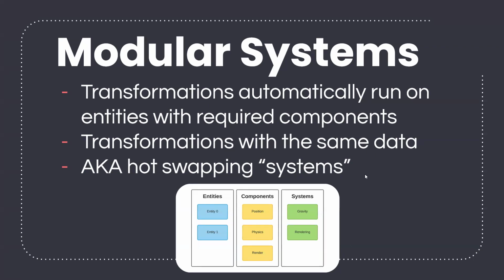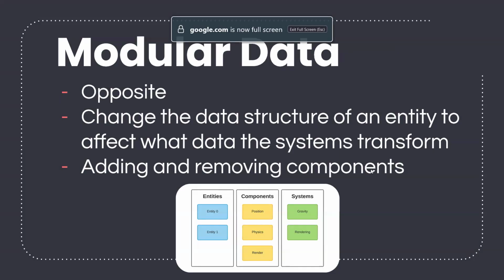Essentially, yeah, you're hot swapping systems. That isn't the only way for modular data-oriented design. So we talked about swapping systems, but what happens if we swap the data instead? So we have our systems, like our gravity system or some kind of movement system, and instead we switch the data it's operating on.